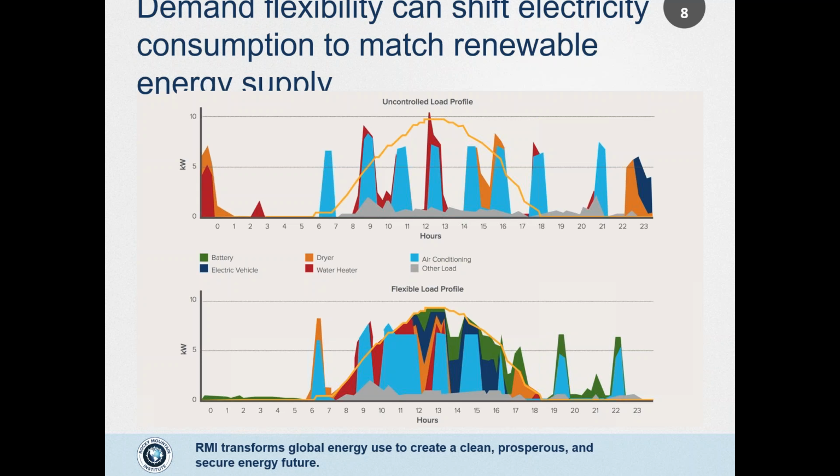This top profile shows the business as usual changes in household energy use throughout the day, while this bottom profile shows what can happen with demand flexibility using smart EV charging, smart water heaters, etc. You're able to shift that consumption into the middle of the day when the PV generation peaks.